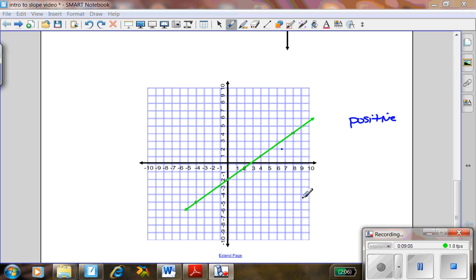All right, so I put some dots on here so you can really see what the specific points are on this graph. So let's actually count our rise and our run. Remember, slope is rise over run. So let's actually write that in here. M equals rise. Let me try that again.